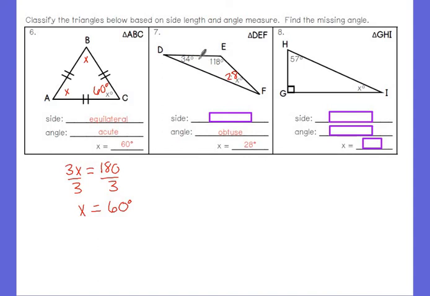I wanted to find my angles to know if my sides were the same. If I had any angle measures that were the same, it could be an isosceles or possibly an equilateral. But they are all different. That means all my sides are different. If your side lengths are all different, this has to be a scalene triangle.